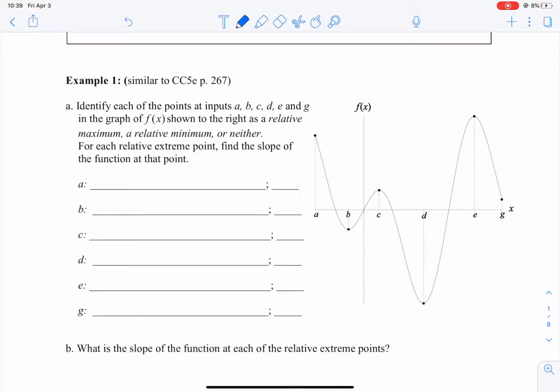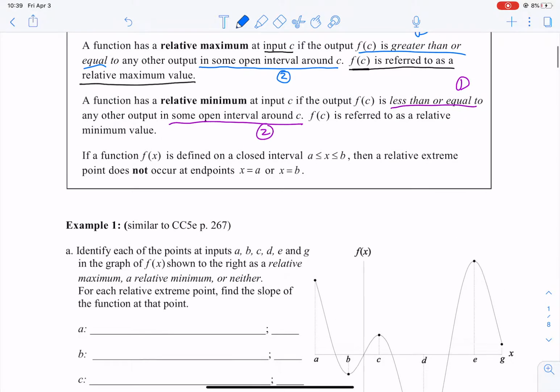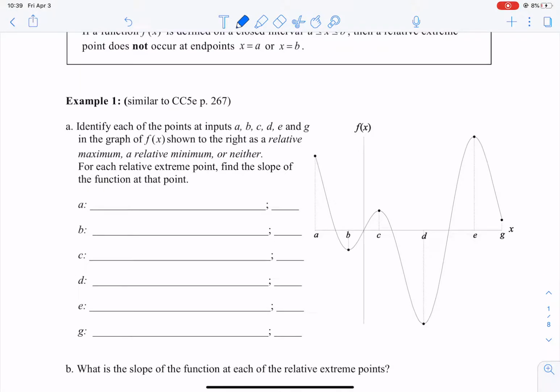Remember the conditions: greater than or equal to in some open interval, in any open interval around the point. So let's check the first point, A. If we draw any open interval, for example this one, we cannot compare the corresponding output value at point A with the other points in this open interval because point A is already the boundary. If A is the boundary, then the left side is out of the interval. So that means we cannot compare it.